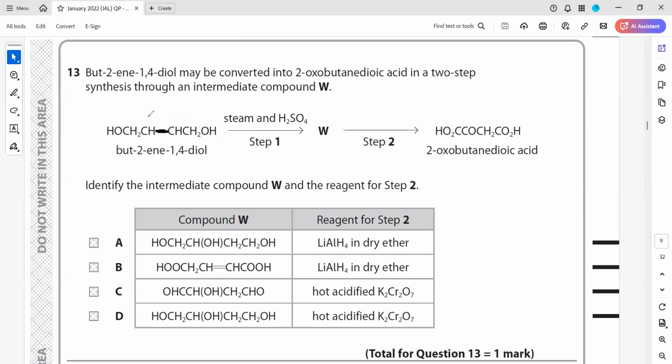So when we break a double bond, one carbon will get OH, another will get hydrogen. And then we use an oxidizing agent. The oxidizing agent converts this alcohol into a carboxylic acid, and this secondary alcohol to a ketone. Secondary alcohol will turn into a ketone. This is the ketone. So that is what happened.